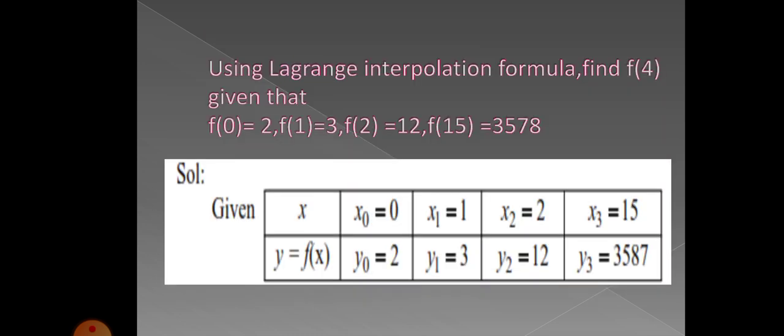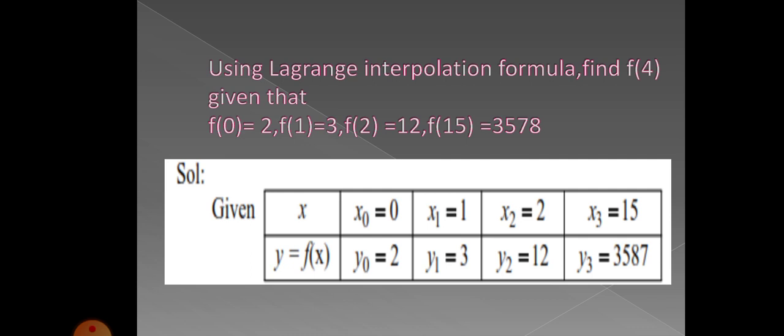Then the problem. Using Lagrangian interpolation, find f of 4 given that f of 0 equals 2, f of 1 equals 3, f of 2 equals 12, and f of 15 equals 357. So what we have to do here: you were already told that y is equal to f of x. So they have given f of 0 is equal to 2.